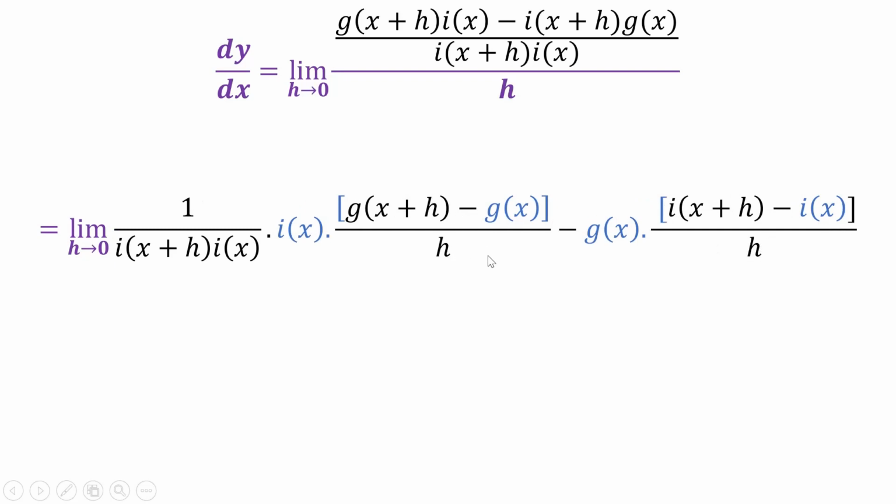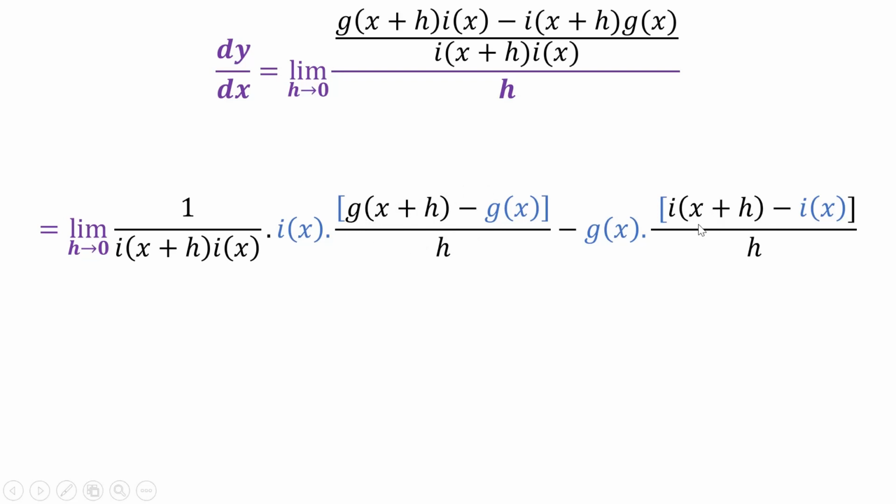Let's observe something. The term here is a derivative from the first principle. Also, the term here is a derivative from the first principle. The term here is the derivative of j with respect to x.